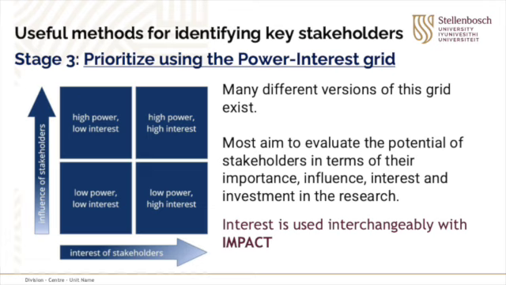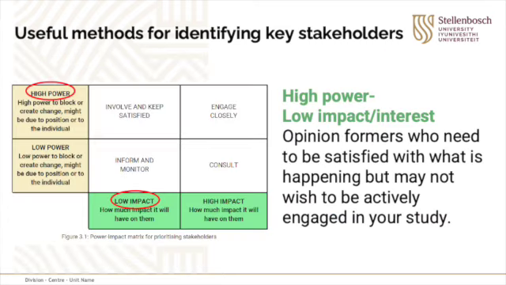Here's an example. Again, this was taken from the Respire resource, which I'll share with you towards the end of the talk in more detail. Here they talk about high power, low power, low impact, high impact.